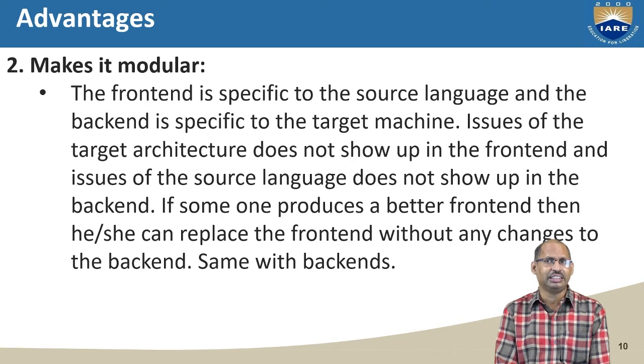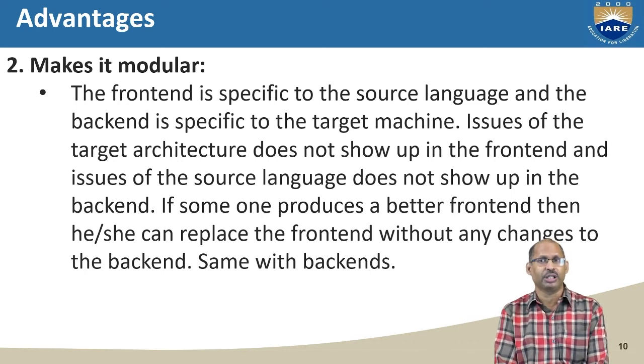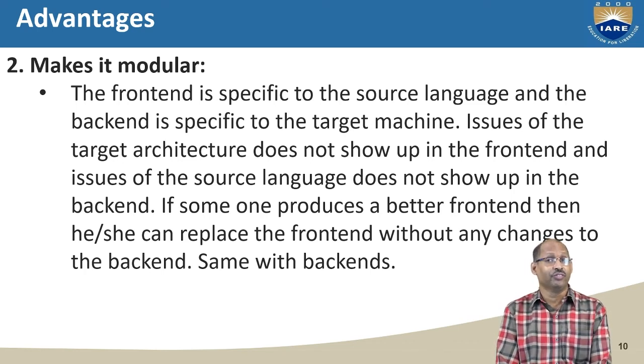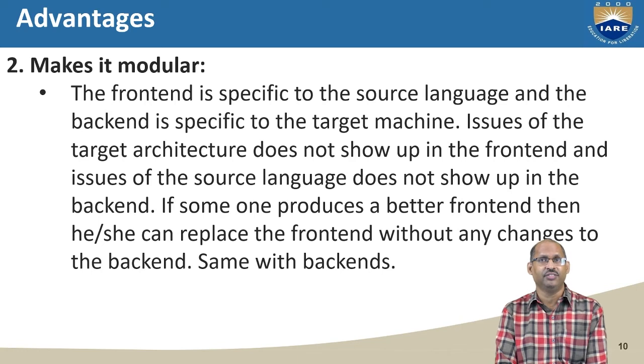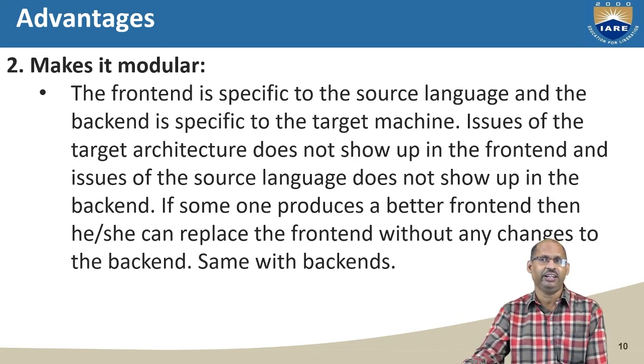If any changes occur in the back end, in the machine language, we need not change the complete compiler structure. We just change the respective back end program, so we can use the existing compilers, modifying a simple part to generate a new compiler for the new modifications, right? So that is the advantage of this front end and back end.